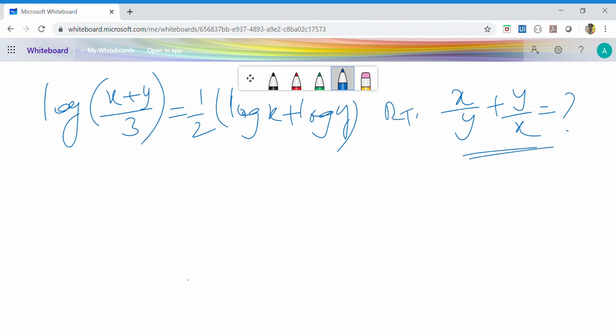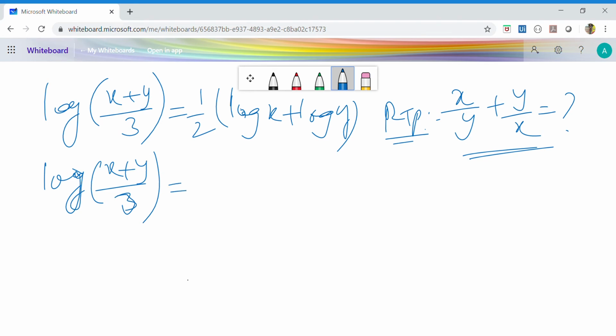The RTP is that you have to find the value of x by y plus y by x. And what is the given condition? Logarithms. In the given condition logarithms are there, but in the RTP no logarithm is there. So we have to cancel the logarithms on both sides by making a single logarithm. So log of (x plus y) by 3, keep it like that because the LHS is a single logarithm only.